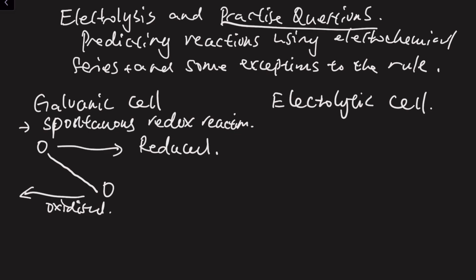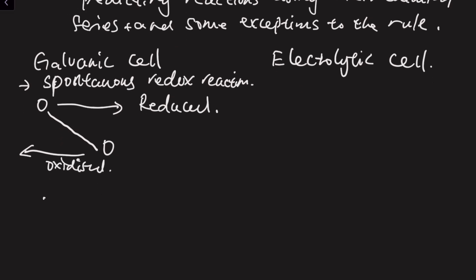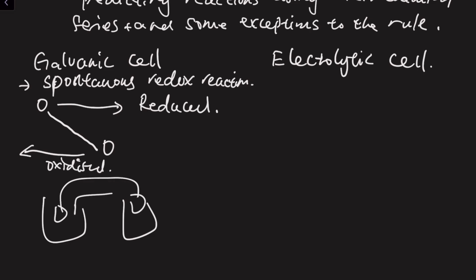When you put them together in the same container, they will react without generating electric current. But if you separate them into two containers, which we call a galvanic cell, then we can generate electric current.